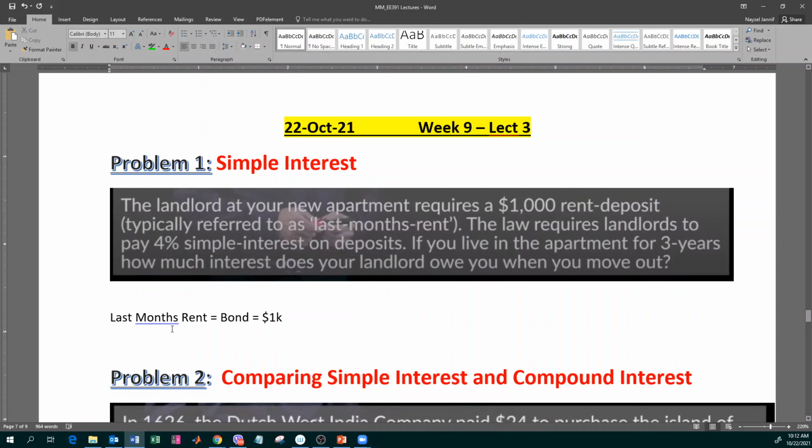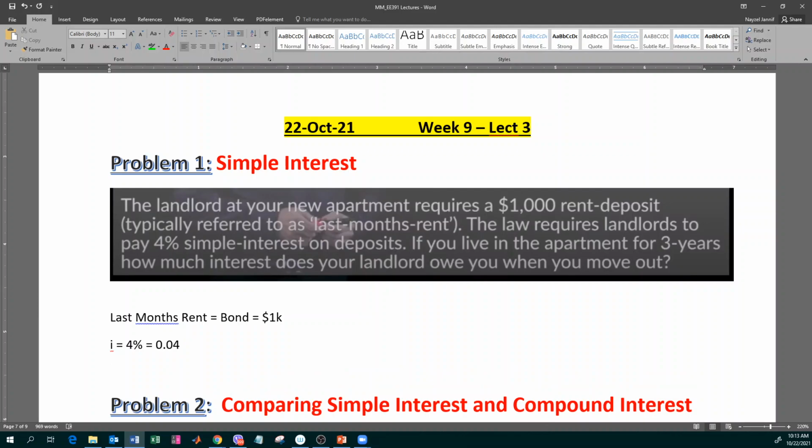And the interest rate is equal to, what is it, guys? Come on, I want you to participate. 4%, but you convert 4% into a decimal, that's 0.04. Now, it's using simple interest, right?